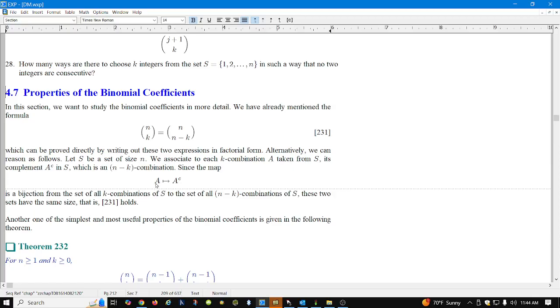And since the map that sends A to A complement is a bijection, something you would want to prove specifically, but it's just a couple of sentences, it's a bijection from the set of all k combinations to the set of all n minus k combinations. The two sets have the same size, which is exactly what this says.